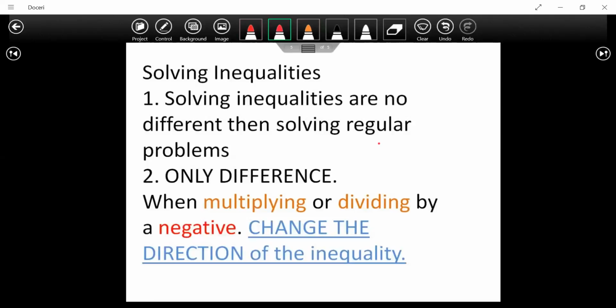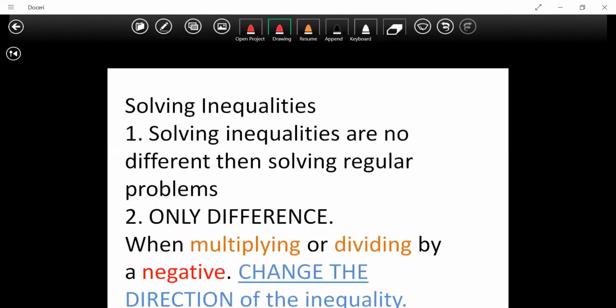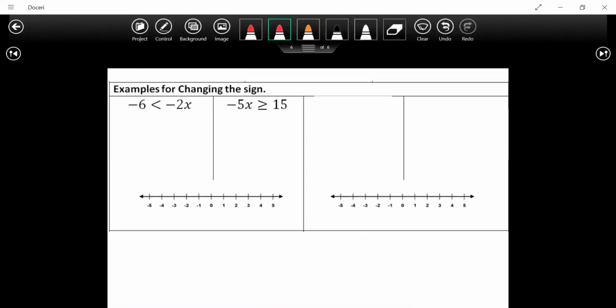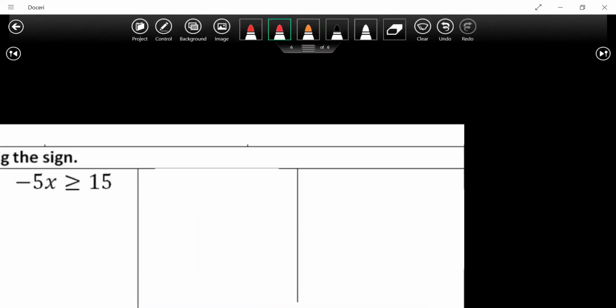Okay. Here are our examples. So we have that first one, the second one. I'm going to write the other 2 in a minute.